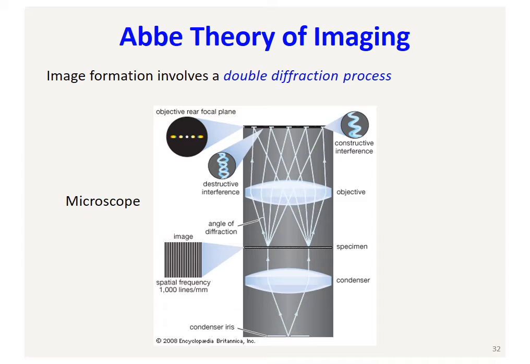Abbe was studying imaging using a microscope using coherent light. The object, the specimen, diffracts the light, and that diffracted light goes through the entrance pupil. In this case, that'll be the diameter of the objective lens because we have a simple system with no stops.